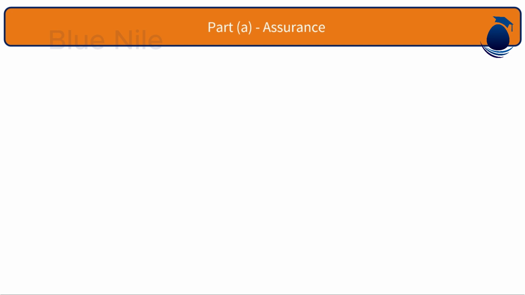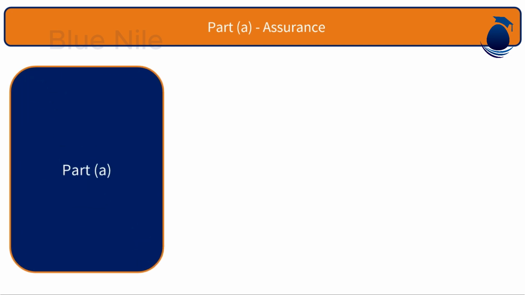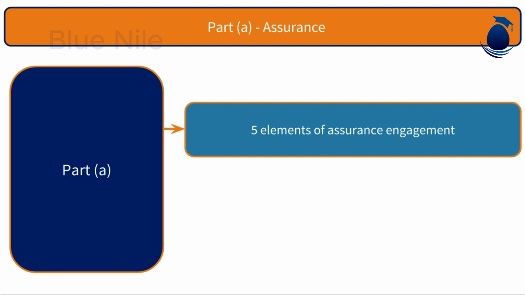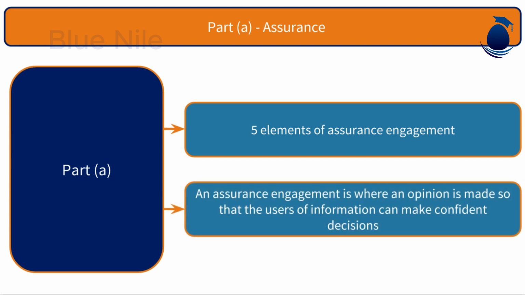Let's now focus on Part A and the syllabus area of assurance. 5 elements of an assurance engagement are needed to answer this fully. To really understand the 5 elements, you must understand what an assurance engagement is. An assurance engagement is where an opinion is made so that the users of the information can make confident decisions.